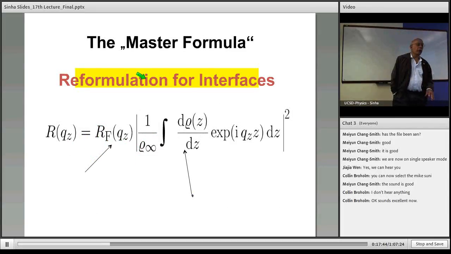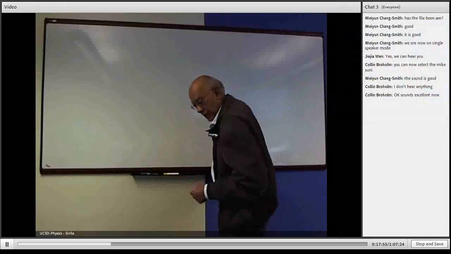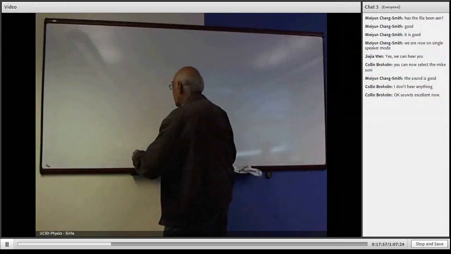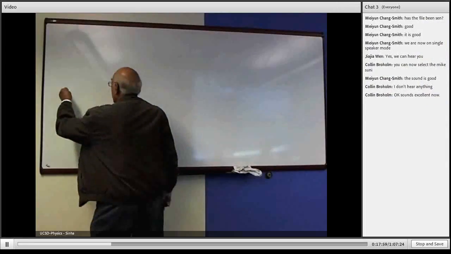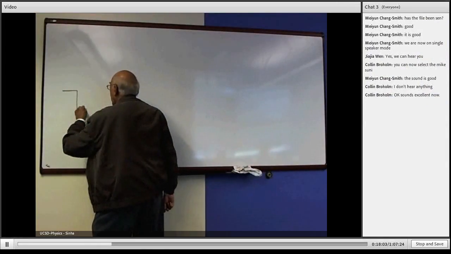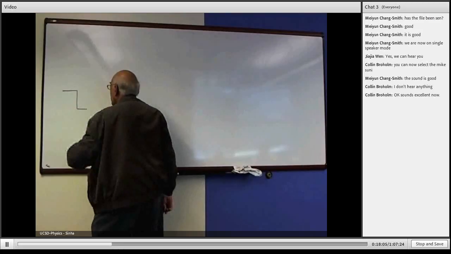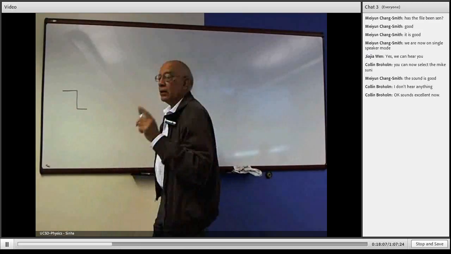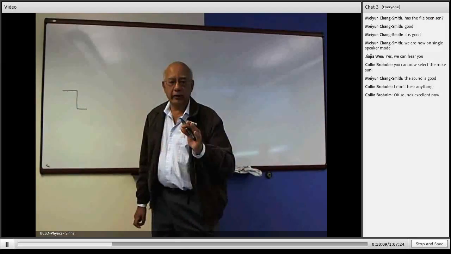So in order to calculate the reflectivity for an arbitrary profile, let me show this on the board here. So we're talking about, for instance, if you've got a surface that looks in profile like this, completely sharp, then the Fresnel reflectivity theory applies.